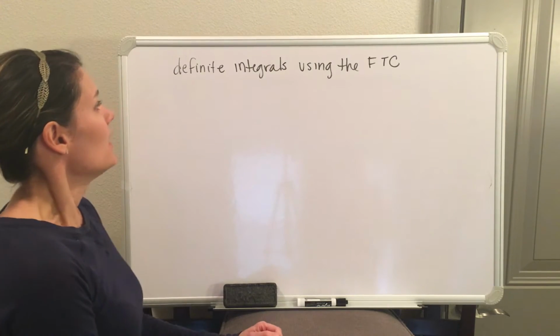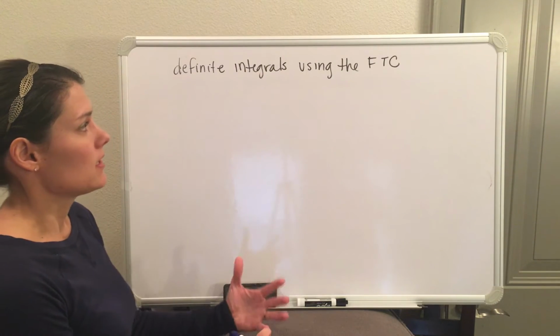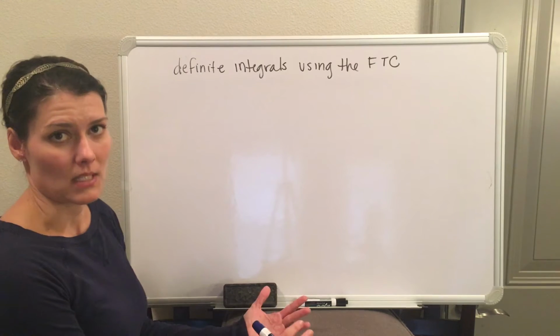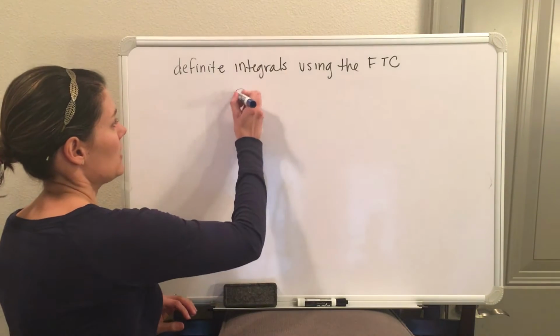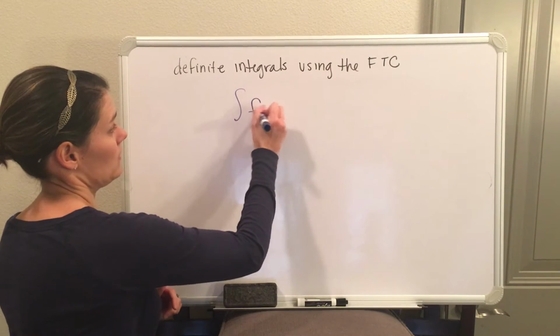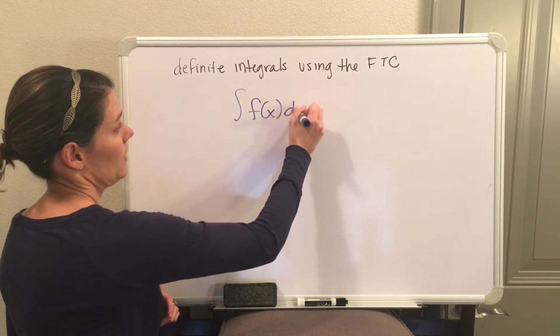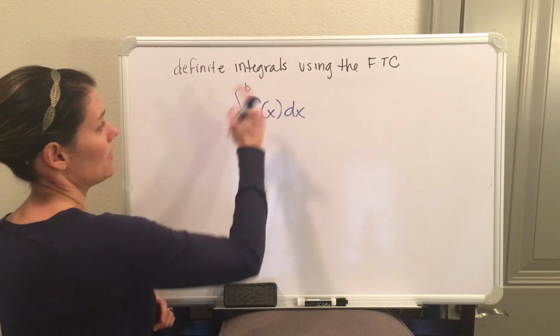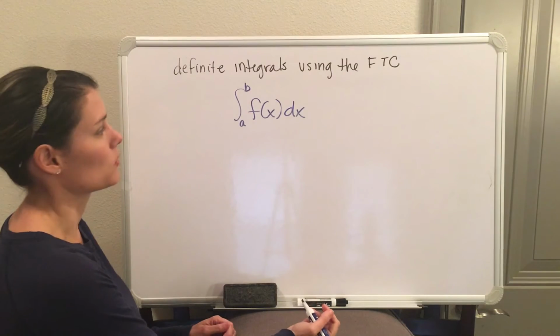All right. Definite integration, you can think of it as displacement. So if I am trying to integrate a function from an interval from a to b, this is what we call a definite integral.